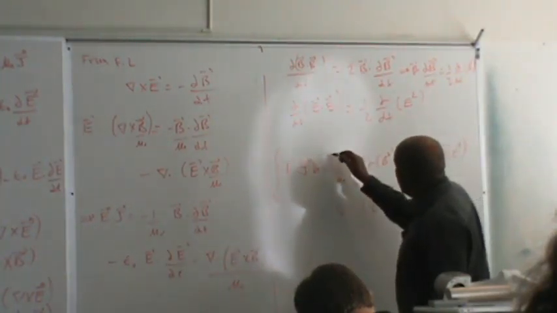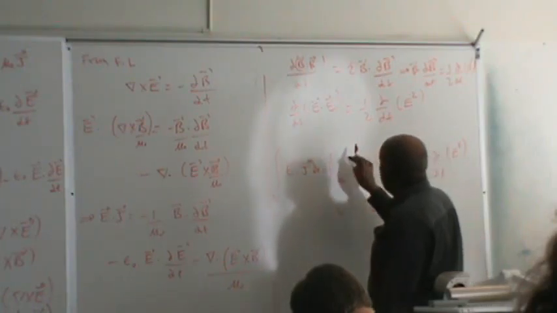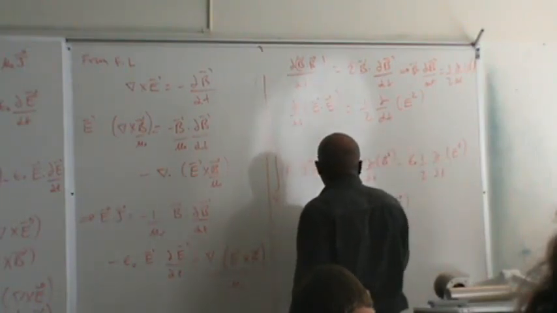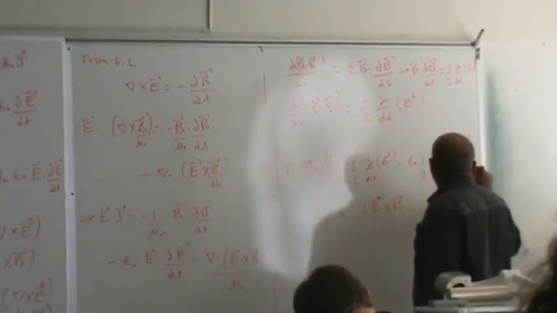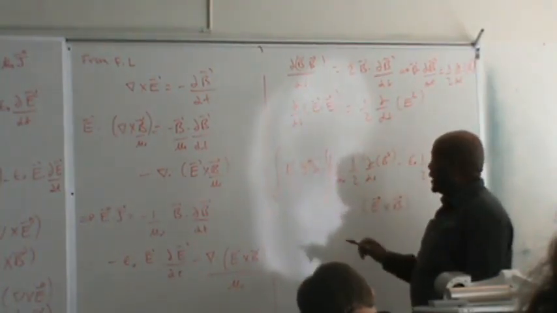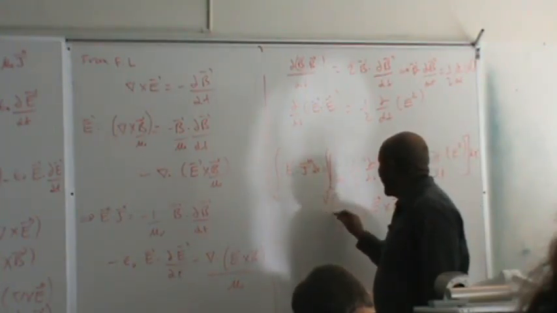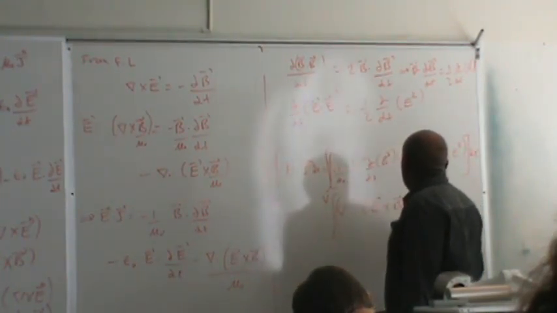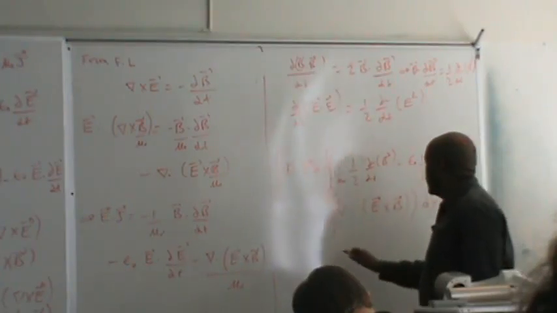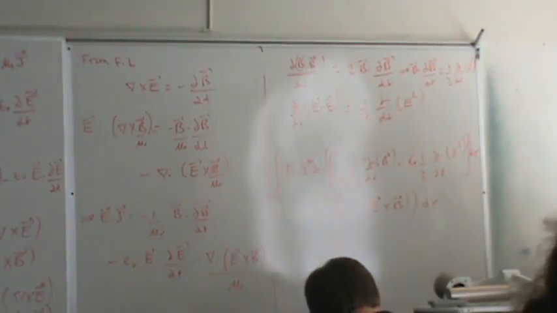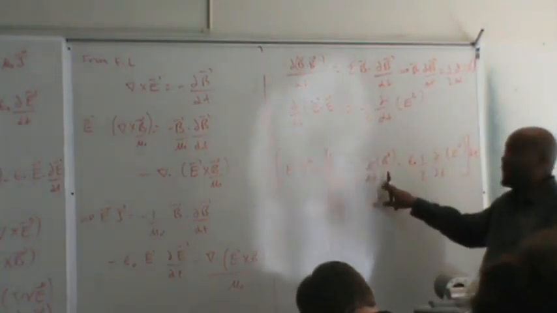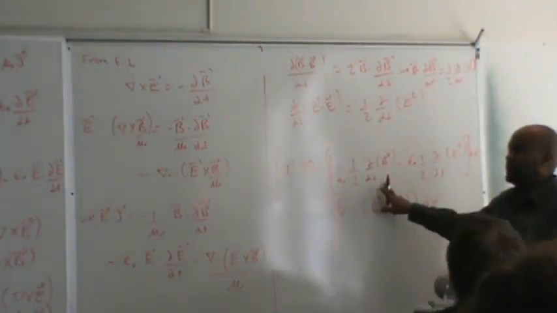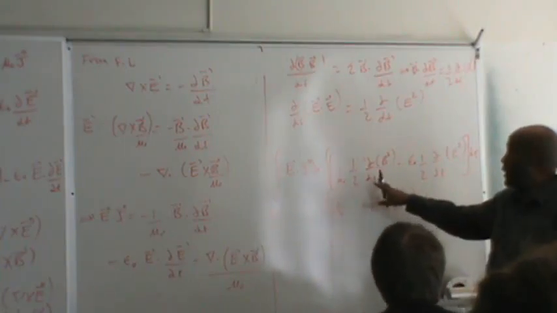So this is the whole thing integrated over the volume, this one d tau, and this also integrated over the volume d tau. Now I can pull the time derivative outside of the integral, right? There isn't going to be any change.